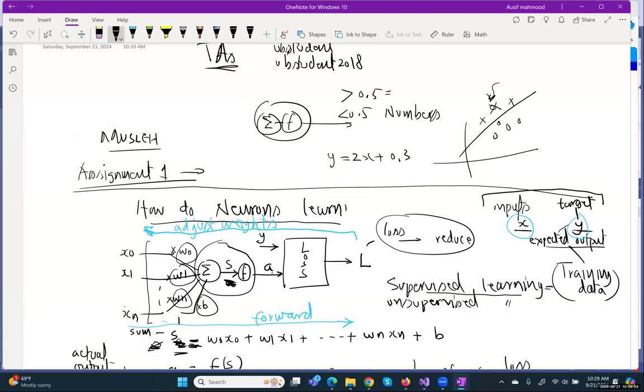When we design a neural network, it's the weights and the biases that we determine, which will give an output very, very close to the target, not just for one set of data, but for all sets of training data, all sets of unknown data. So that is the overall goal of designing a neural network, okay? So these weights and biases, okay, these are referred to as parameters of the network.